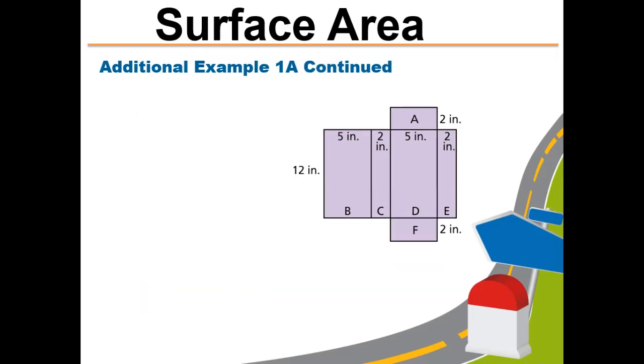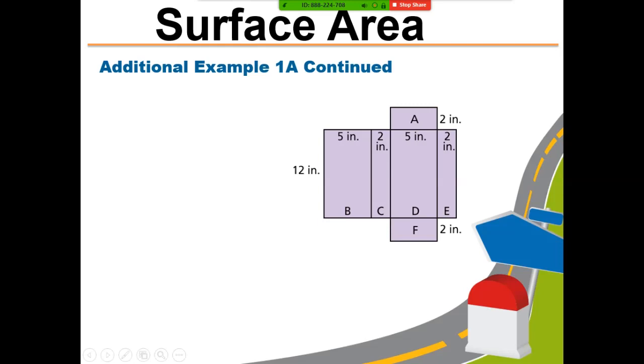This is the net of the rectangular prism, right? How many faces can I see? I can see 6 faces. All of them are rectangles, right? And we know the area of a rectangle is what? Yes, length multiply width. Okay? To find the total area, or the surface area of the rectangular prism, the easiest thing is to label each figure like this.